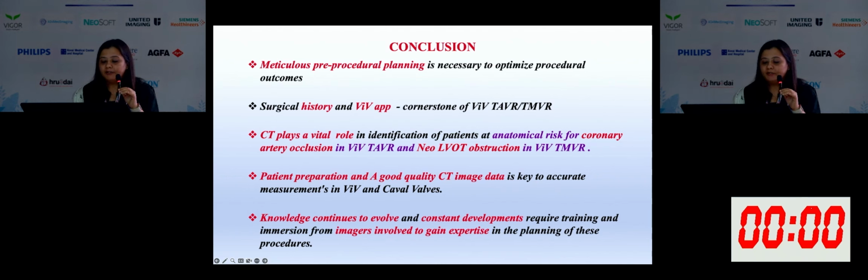CT plays a very vital role in identifying coronary obstruction risk in redo TAVR and valve-in-valve TAVR, as well as neo-LVOT obstruction in cases of TMVR. Patient preparation and a very good quality CT image are very important in bicaval valves. Knowledge continues to evolve, and we have to continuously develop new ways of measuring, and understanding newer valves is very important for planning.